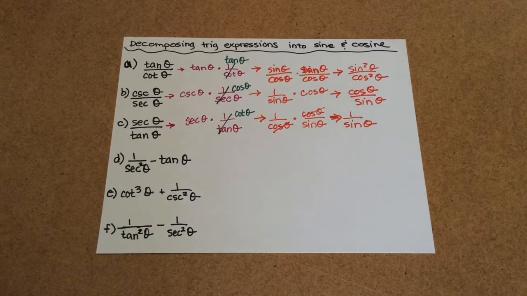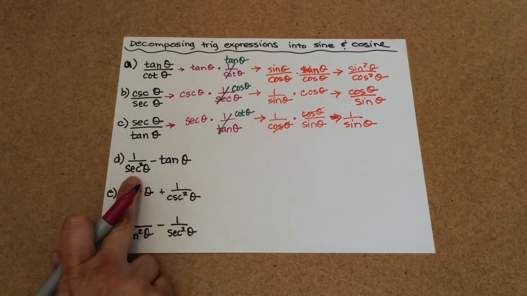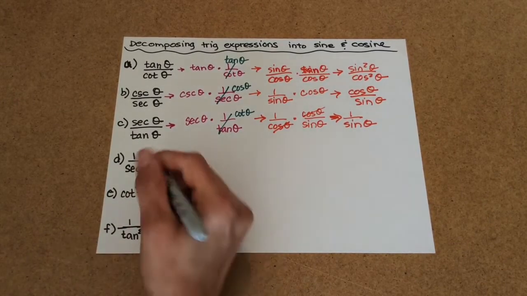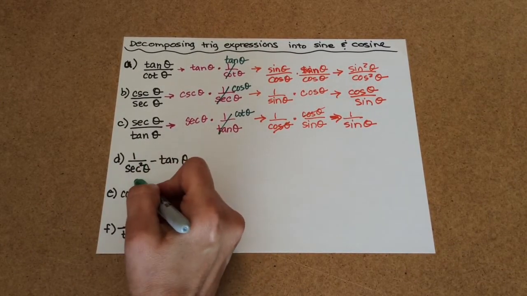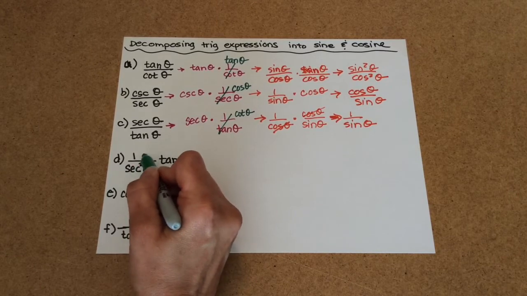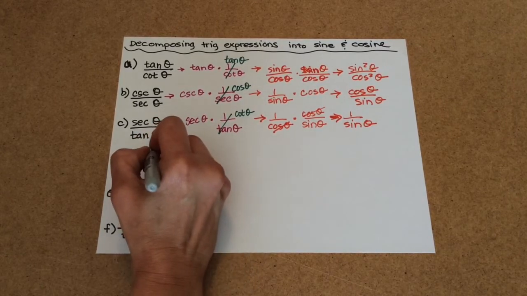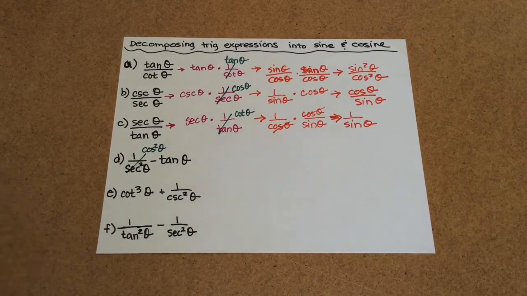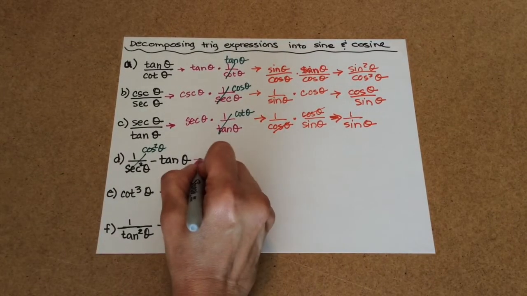So let's take a look at D. So here we have 1 over secant squared theta minus tangent theta, and we're going to decompose them. So first I notice that 1 over secant is the reciprocal of cosine squared theta, so I'm going to go ahead and replace that right away. And now I'm going to rewrite.